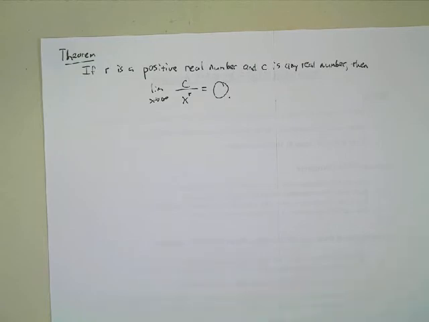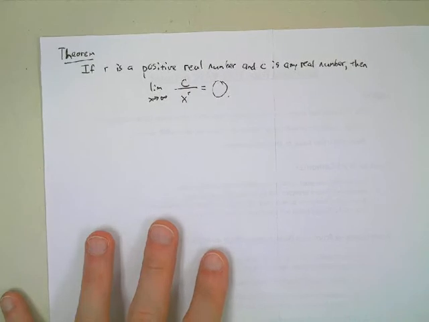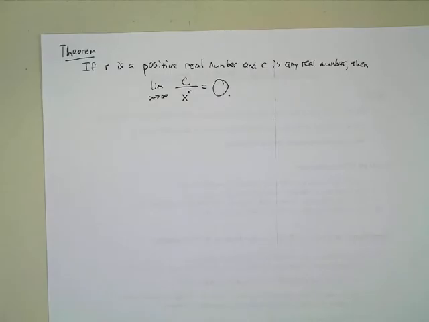Oops, sorry, I went off the page there. Again, if r is a positive real number and c is any real number, then the limit as x approaches infinity of c over x to the r is 0.